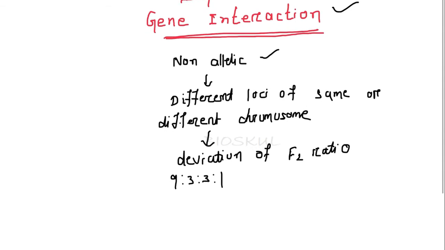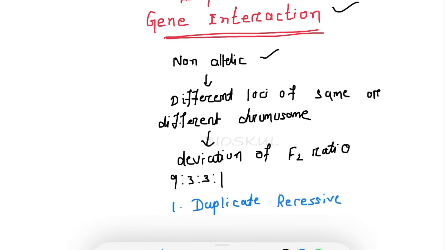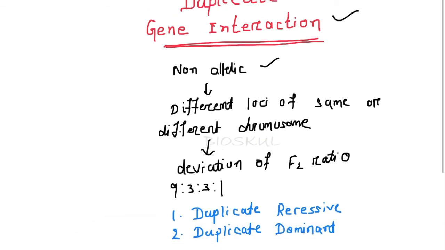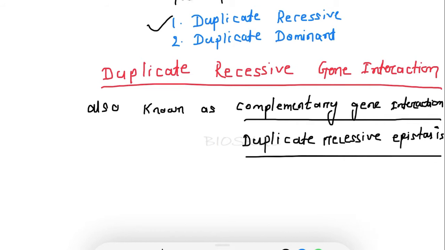Duplicate gene interactions are of two types. One is known as duplicate recessive gene interaction, and the second one is duplicate dominant gene interaction. In this session, we will focus on duplicate recessive gene interaction in detail.